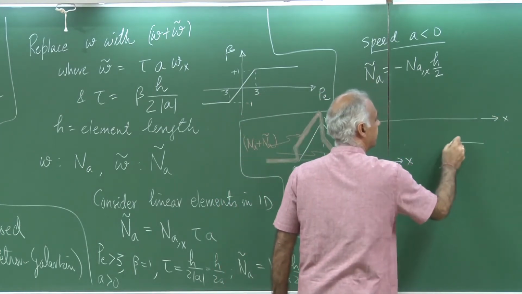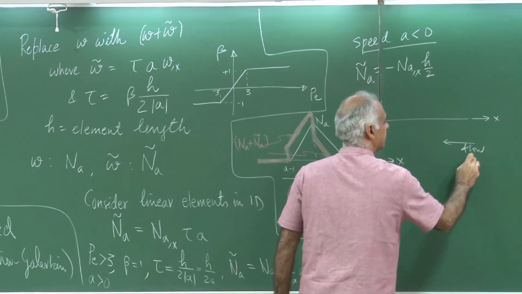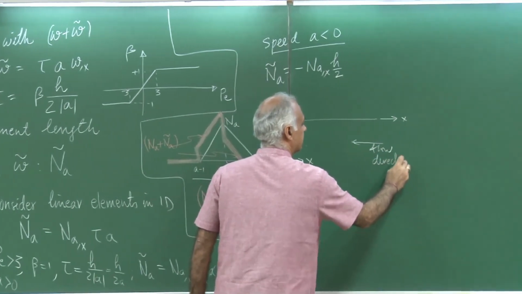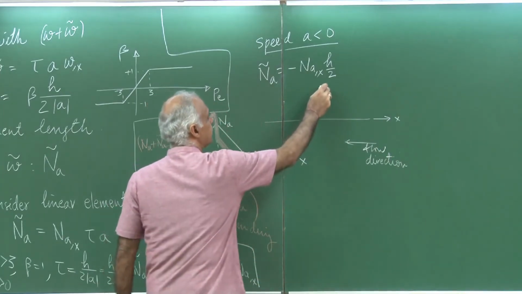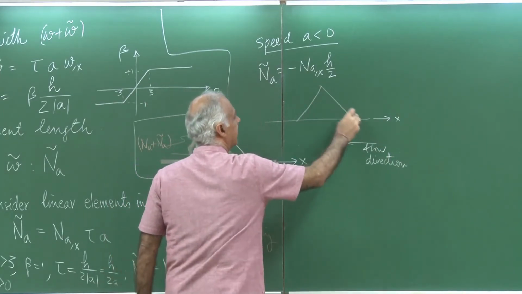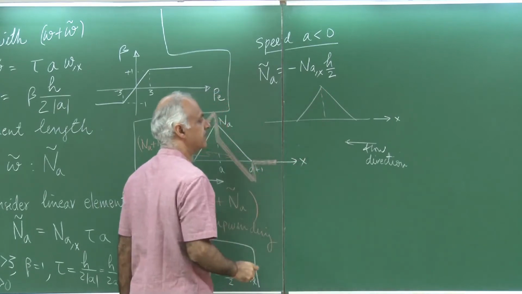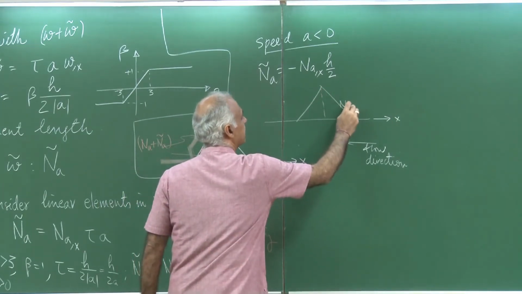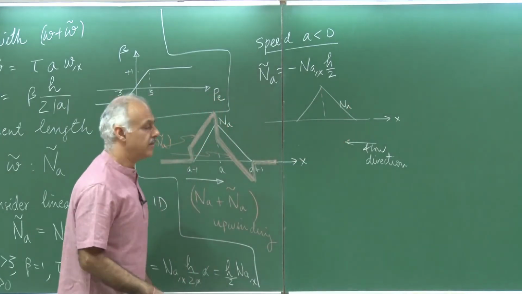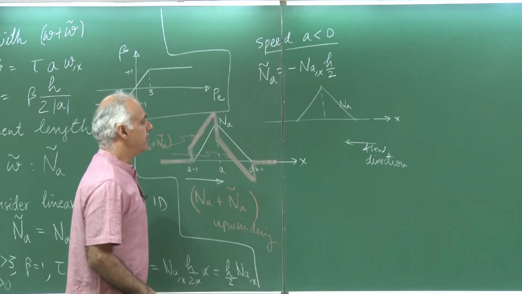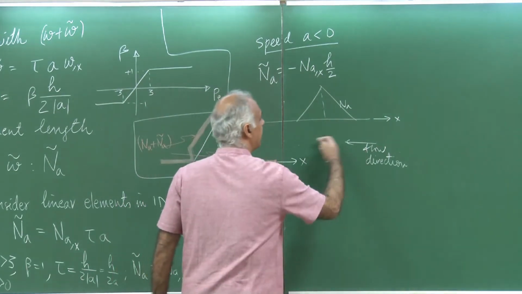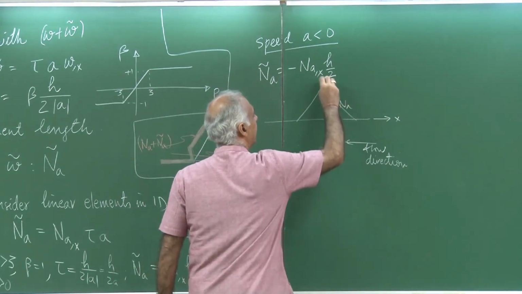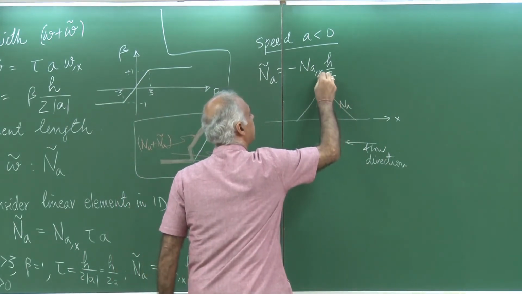So, if this is the flow direction, this is what I would get for a Galerkin method, the shape function. So, this is my NA, but the modified weight function that I would see, now this is my flow direction, and I would in fact get a larger weight on the other side.